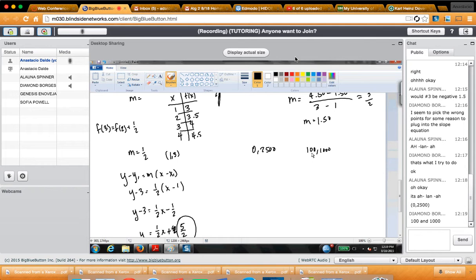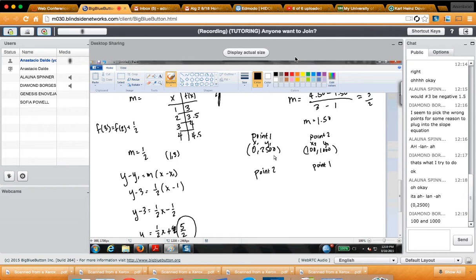All right, and now here's what I want you to do. Diamond and Aulani, I want you to use this as your point 1. So this is x1 and this is y1, and then this will be point 2, so this is x2 and this is y2. Genesis, I want you to do something funky. I want you to use this as point 2 and this one as point 1. Okay? Got it?